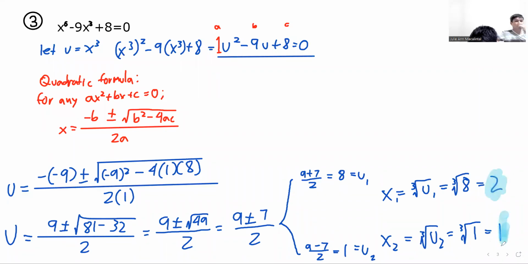I will just make another page. Okay, so there's another, easier way. Your original equation is x to the 6 minus 9x cubed plus 8 equals 0.